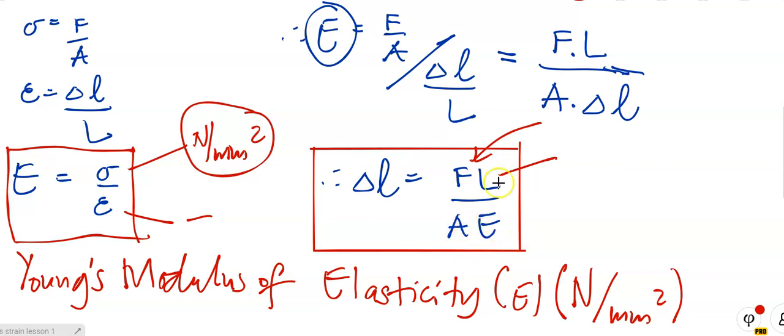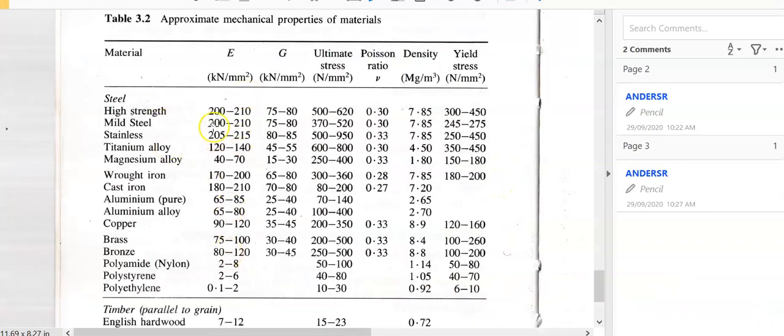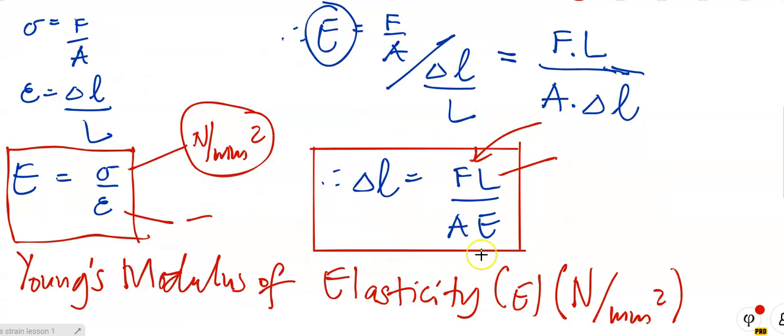And E is Young's modulus of the member, which I will either give you or you will take from the table here. And of course, once we work it all out, delta L is a distance. So therefore, the units of measurement for the changing length of the member is always millimeters. And it's going to be a small amount, somewhere between 0 point something up to about 2 or 3 millimeters.